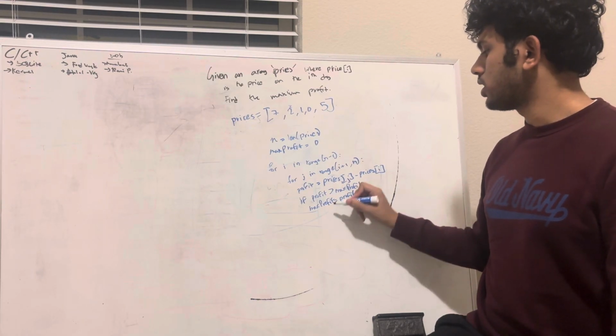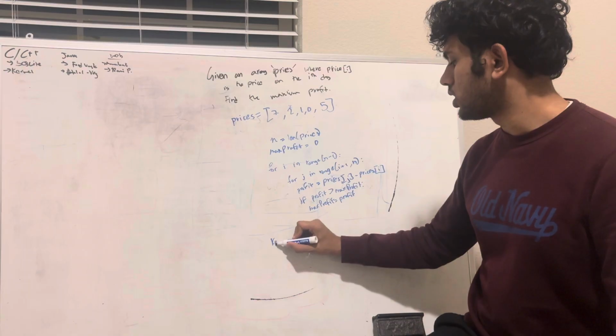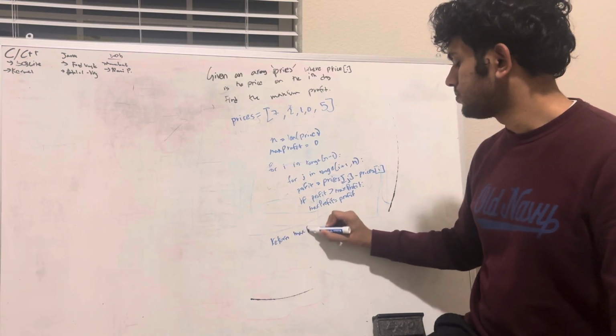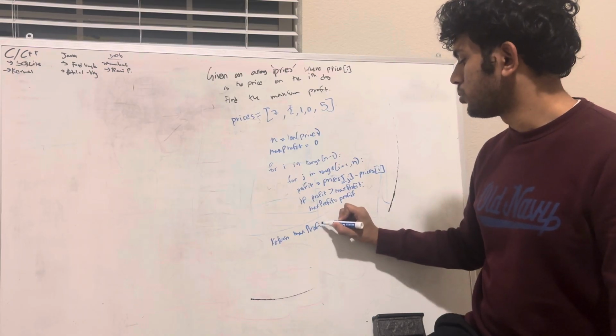And in the end, we can just return the max profit value. So here's a simple brute force solution.